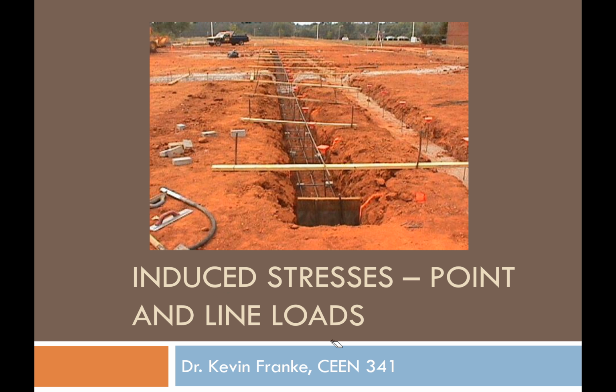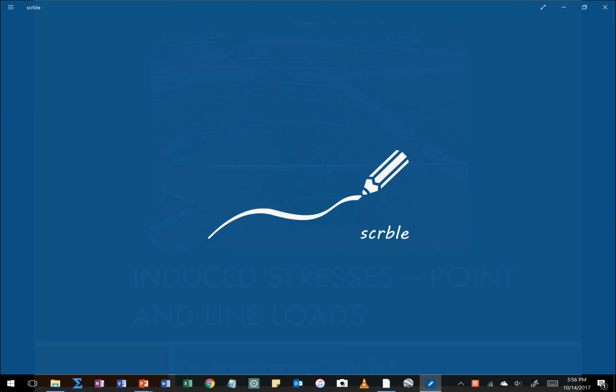As a recap or as a review, we've talked a little bit about if I have the ground surface and I have some soil element down in the ground, that soil element is going to be feeling stresses.